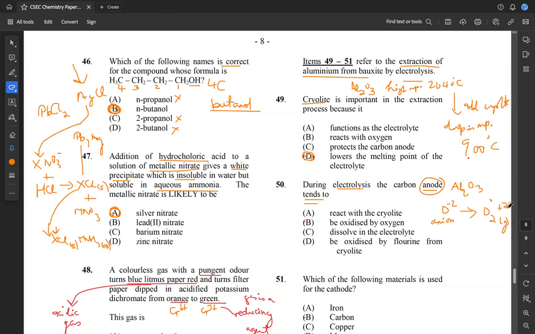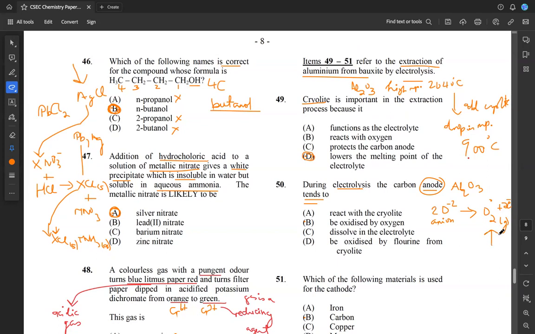That's our half equation for the process, and of course, if I were to balance it, I'll put a 2 here. So this is our half equation at the anode, where oxygen gas is liberated.